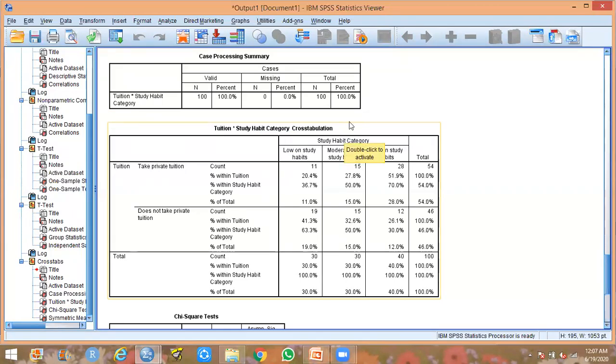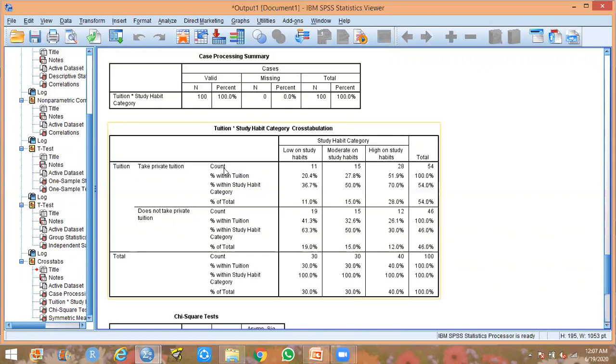Study habit category has three levels: low, moderate and high. Then taking private tuition, and does not take private tuition.